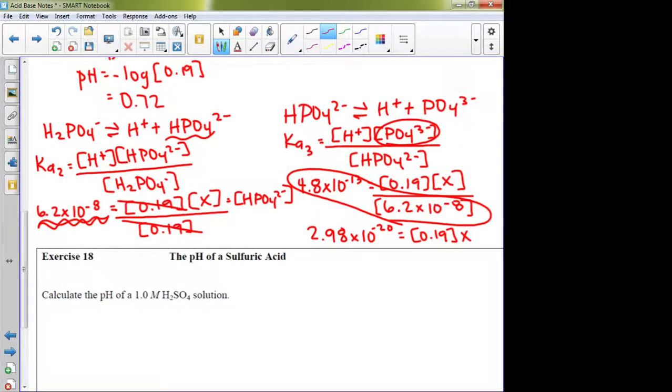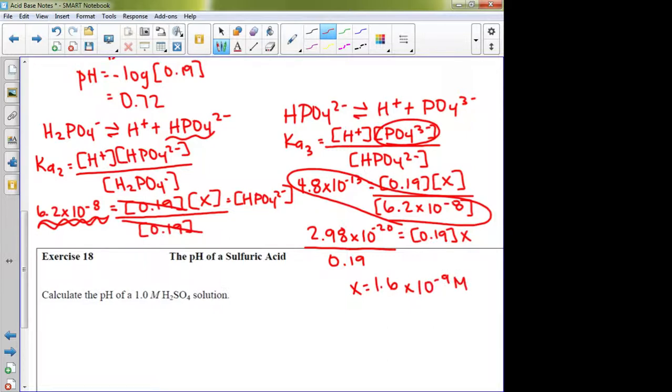Then to get x, I divide by 0.19, and I get x equal to 1.57. If I round that to 2 sig figs, I get 1.6 times 10 to the negative 13.